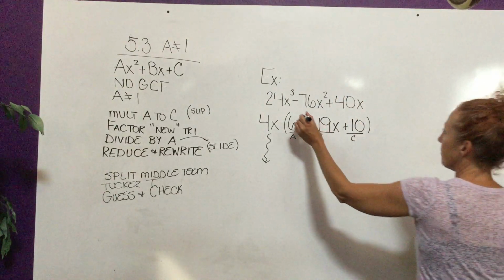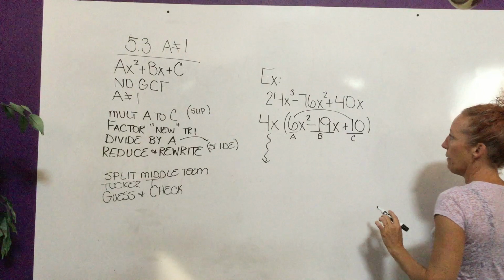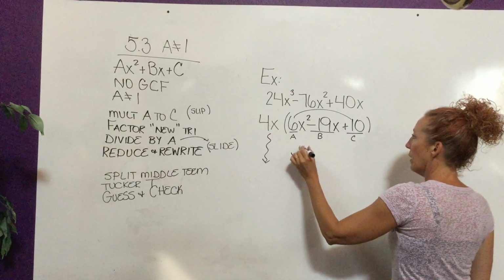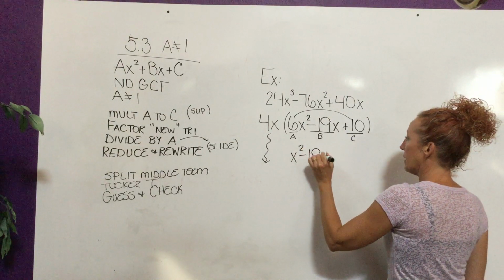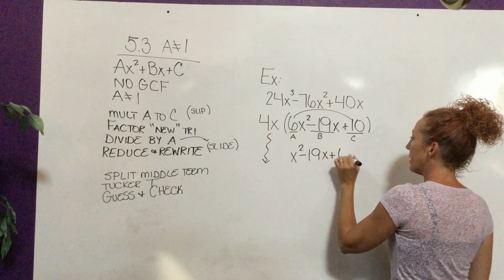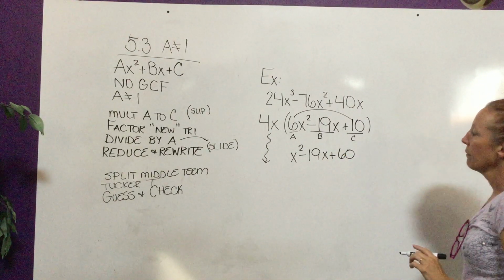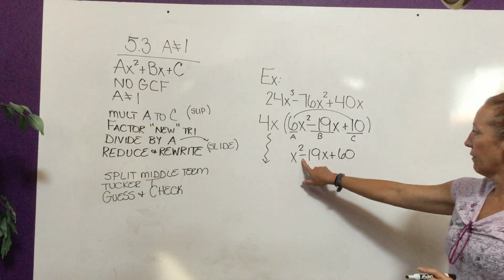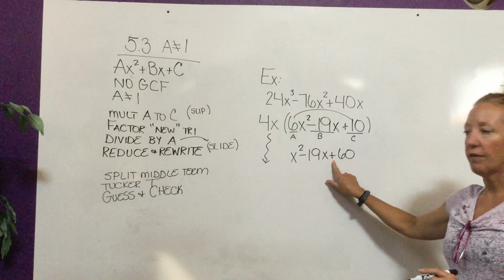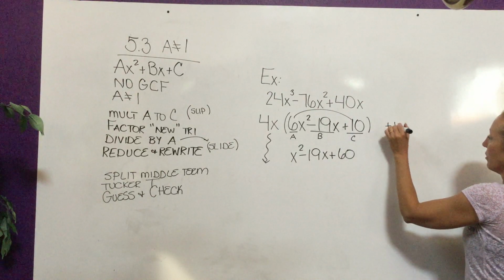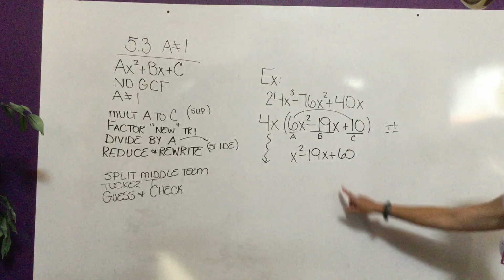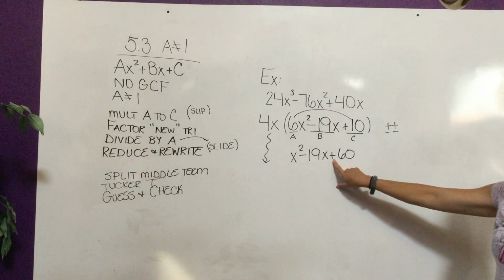All right, step 1. Multiply A back to the C, and you get x squared minus 19x plus 60. Now keep in mind you have a negative here, but a positive here. So you either need 2 positives or 2 negatives to multiply to a positive.